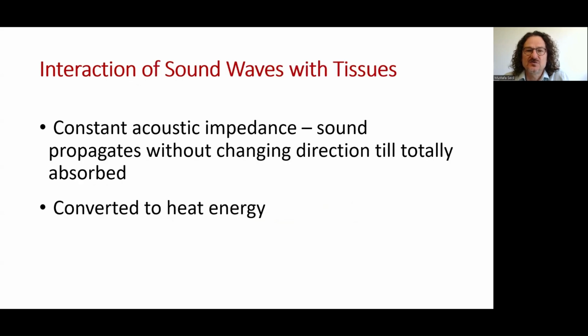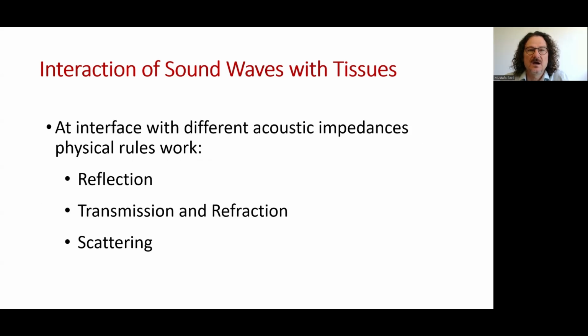In constant acoustic impedance, sound propagates without changing direction until totally absorbed, and it's totally converted into heat energy. At interfaces with different acoustic impedances, reflection, transmission, and refraction or scattering occurs.